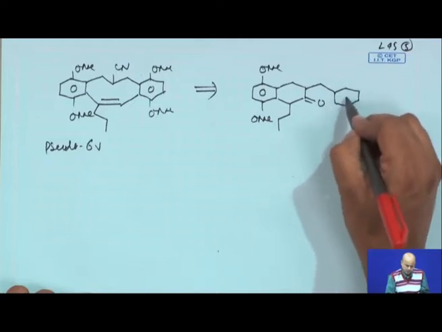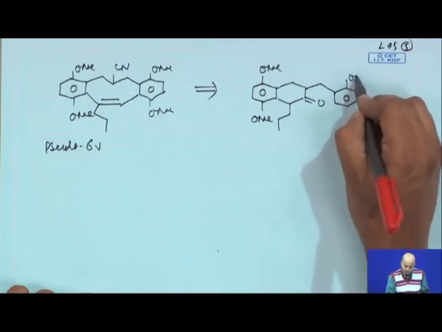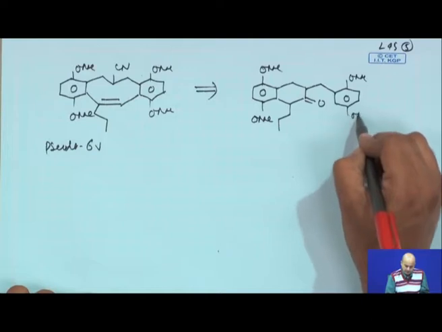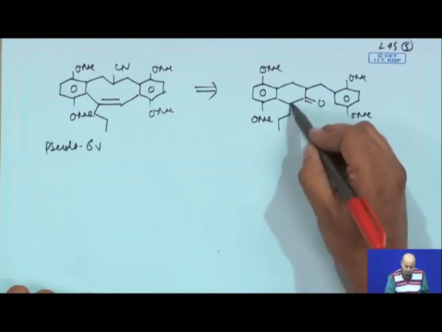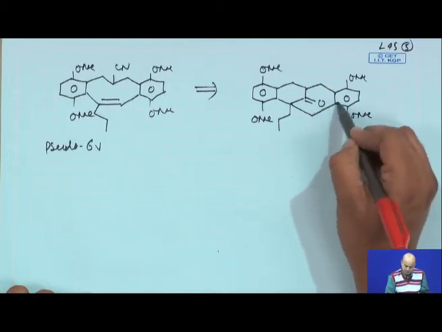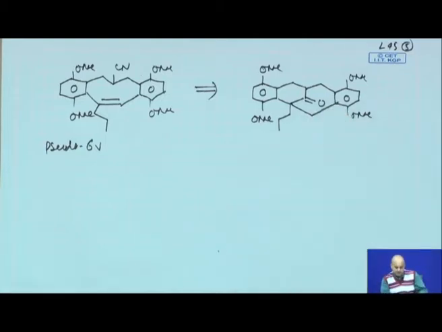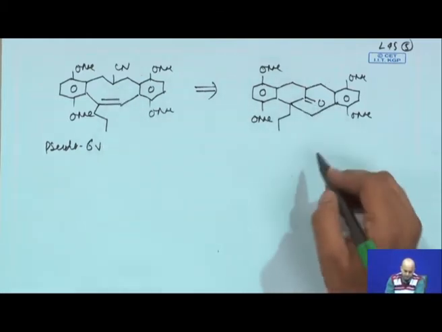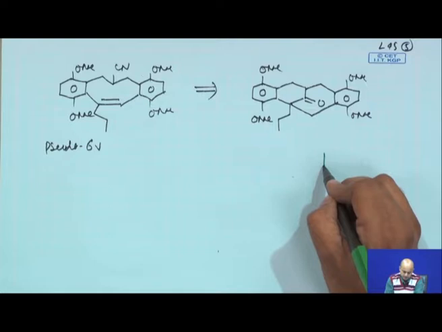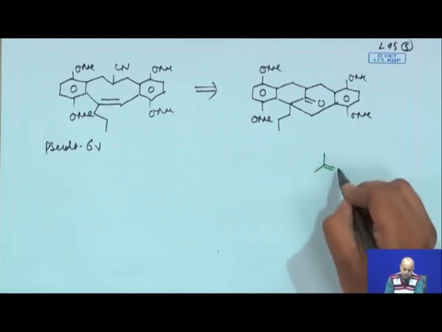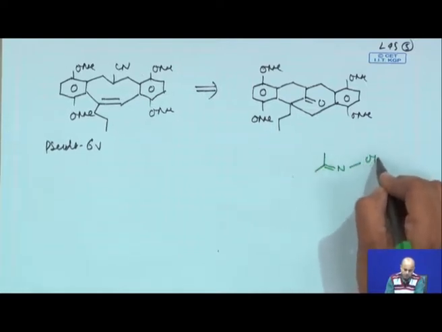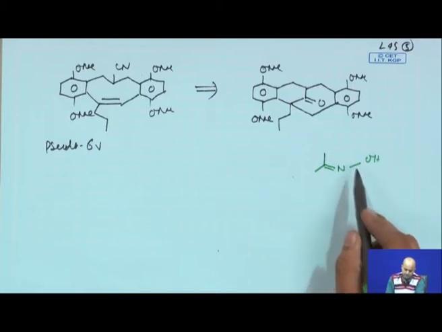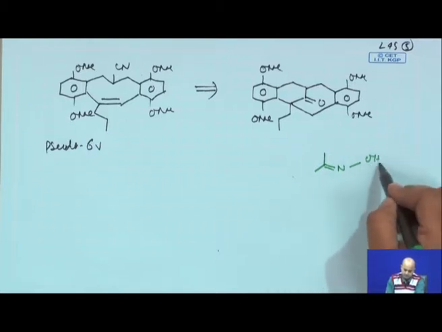So, if you have this particular intermediate which we are proposing here, this intermediate can be easily converted to this intermediate. Now, how? If you convert this ketone to the corresponding oxime, you can do a Beckmann type of rearrangement.